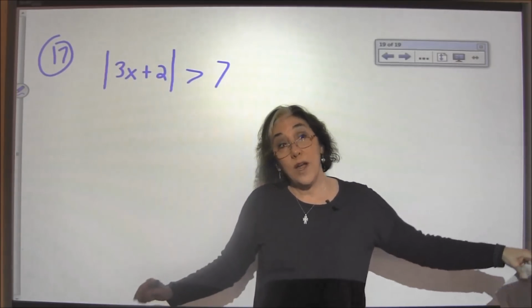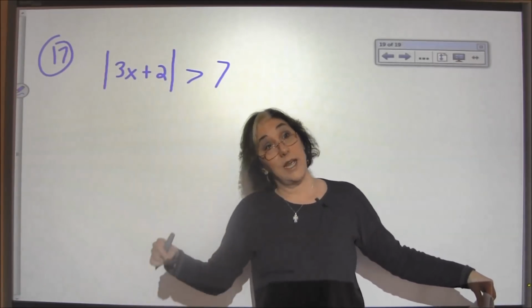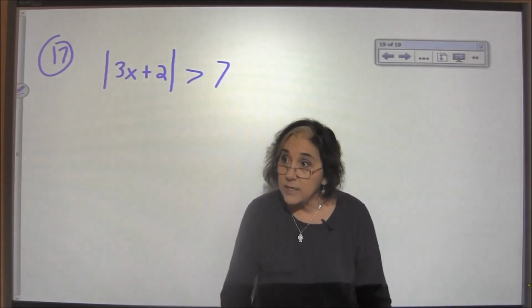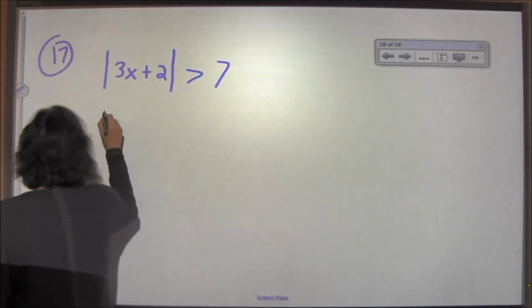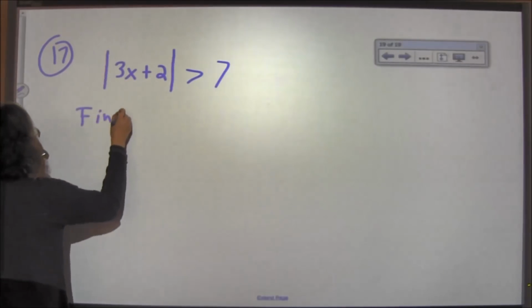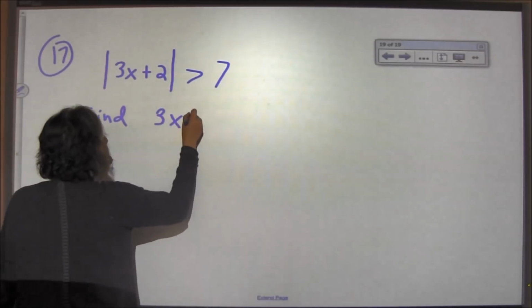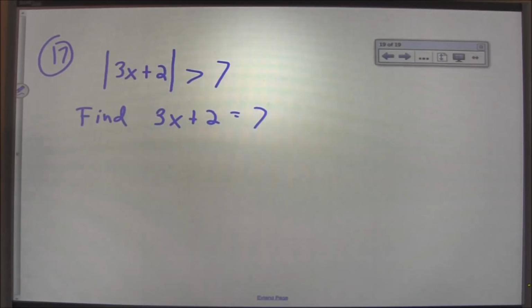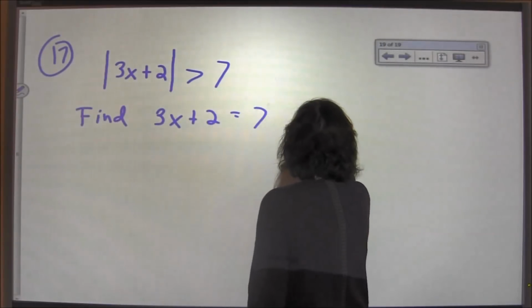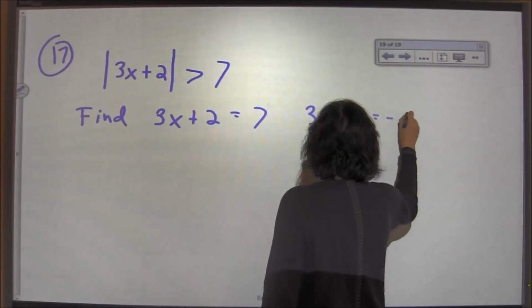If it's what numbers are less than 7 units away, that's going to be inside. So what you have to find here is what makes 3x plus 2 come out to 7, and what makes 3x plus 2 come out to negative 7.